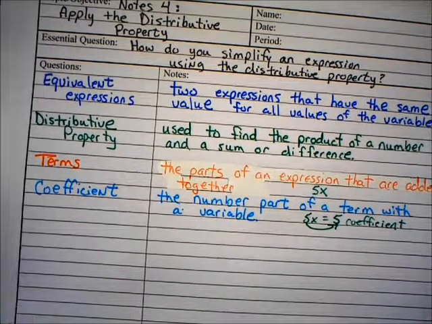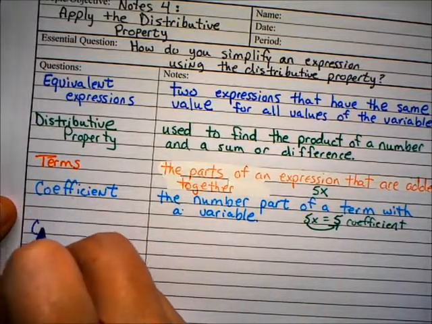Okay. Alright, we got two more vocabulary words. So we have constant term.